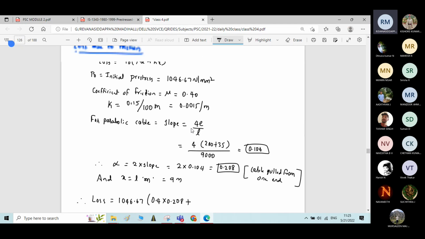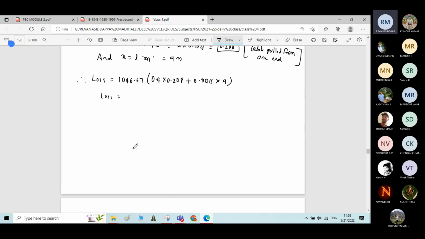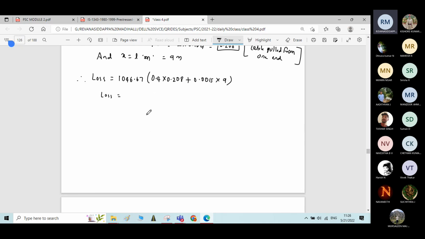K is 0.0015, into x, which is 9 meter. By this you'll get the loss due to friction. Please calculate the answer. If you calculate it, you will get 101.21 Newton per mm square. Please cross check the answers.